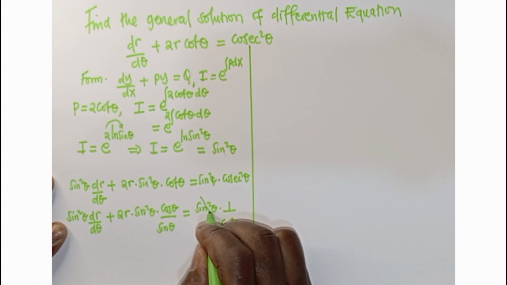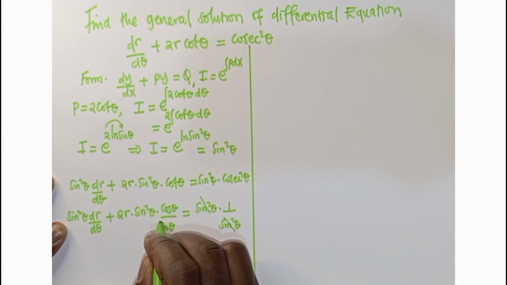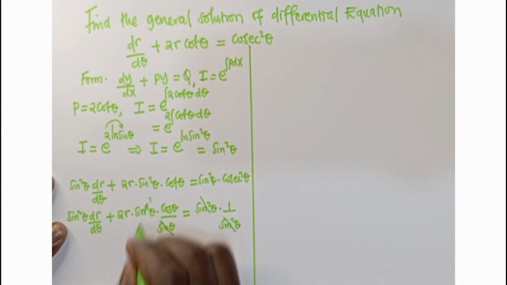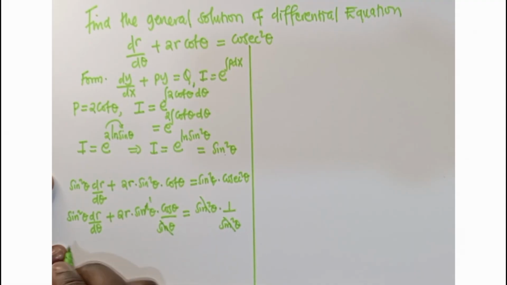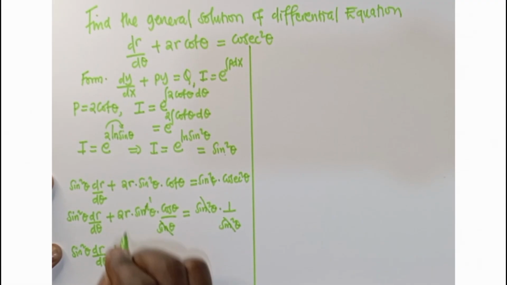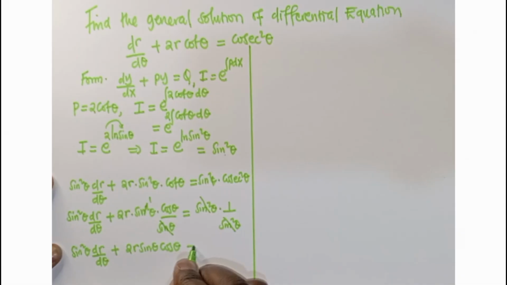So you clearly see this will cancel with that. One of these will go with one of that. And then finally we have sin squared θ dr/dθ plus 2r sin θ cos θ is equal to 1.